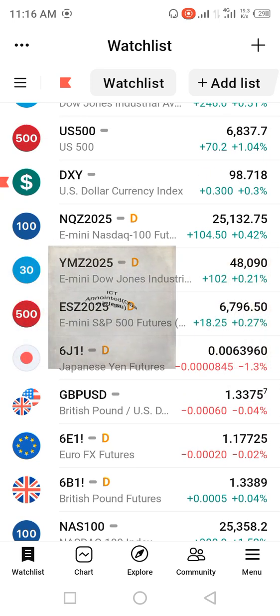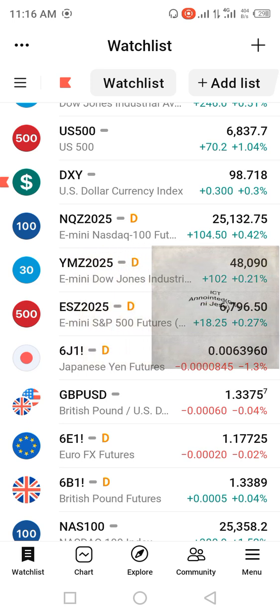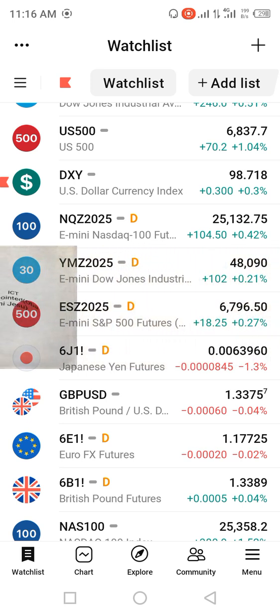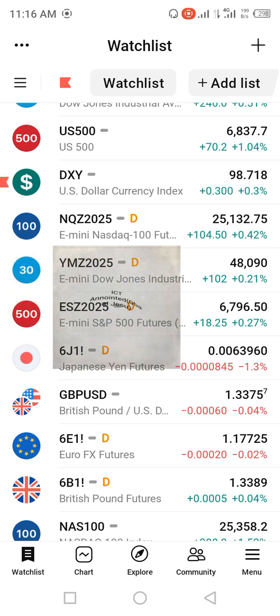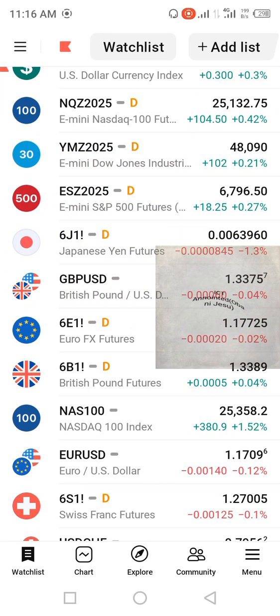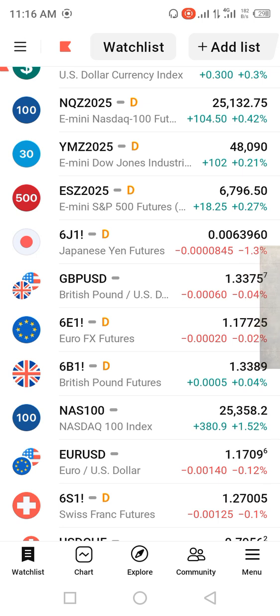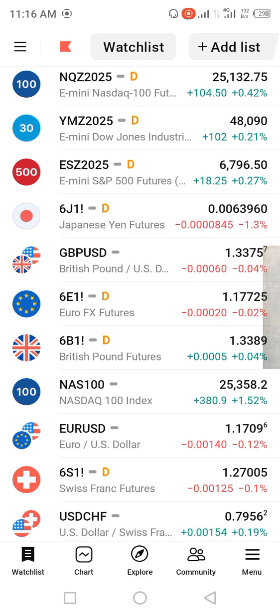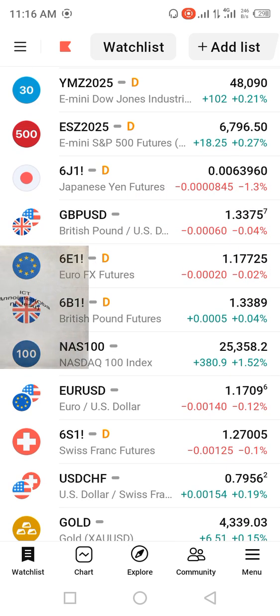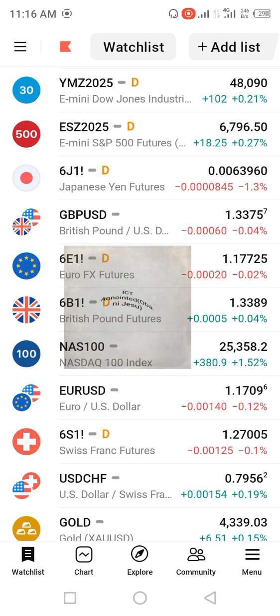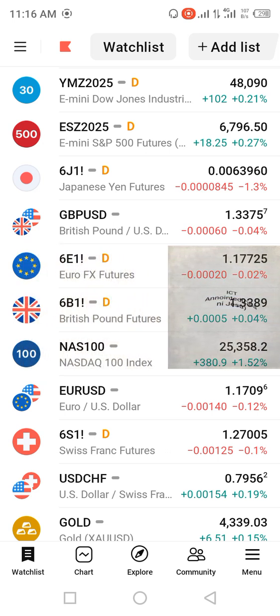Because the dollar index is one of the currencies that make up the pair, in this case Euro USD, and the dollar index holds more strength as to the direction the Euro USD pair will eventually be drawn to.